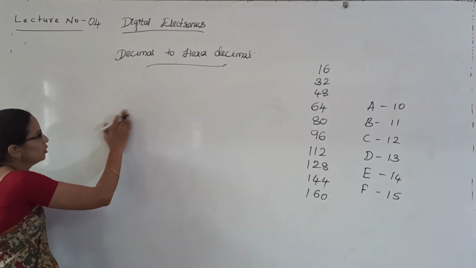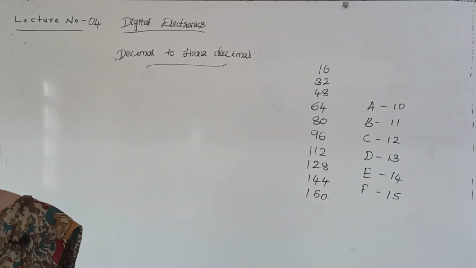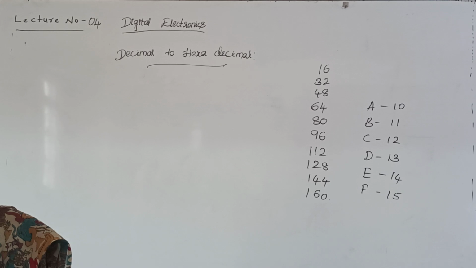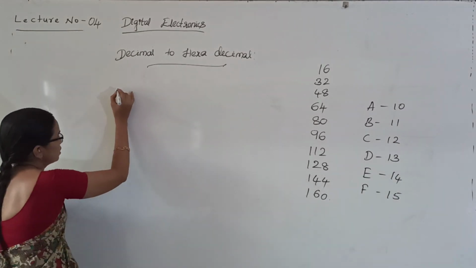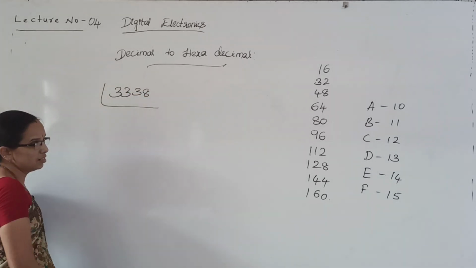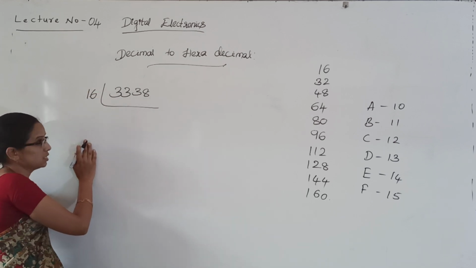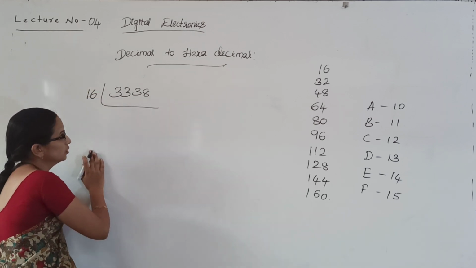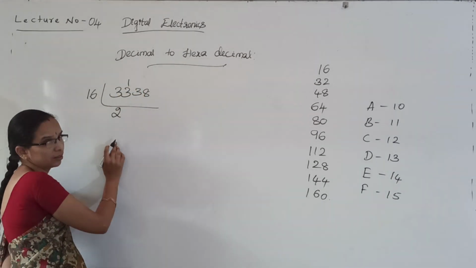Okay. So the first number I will take in decimal to hexadecimal: 3338 is a given decimal number that we have to divide by 16. 16 2s are 32, 1 is remaining.